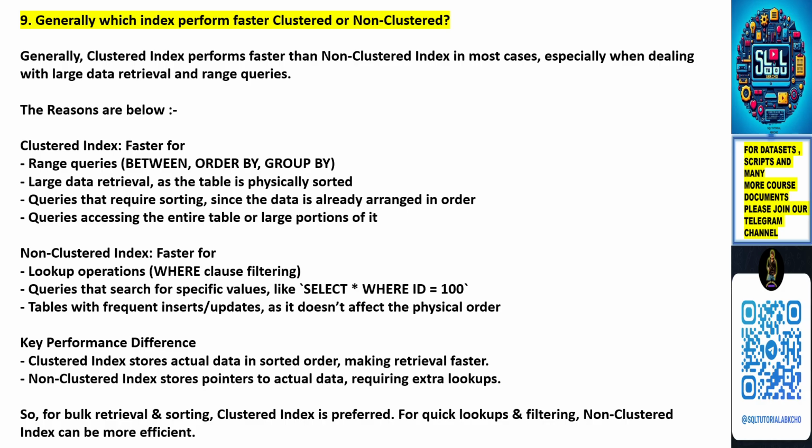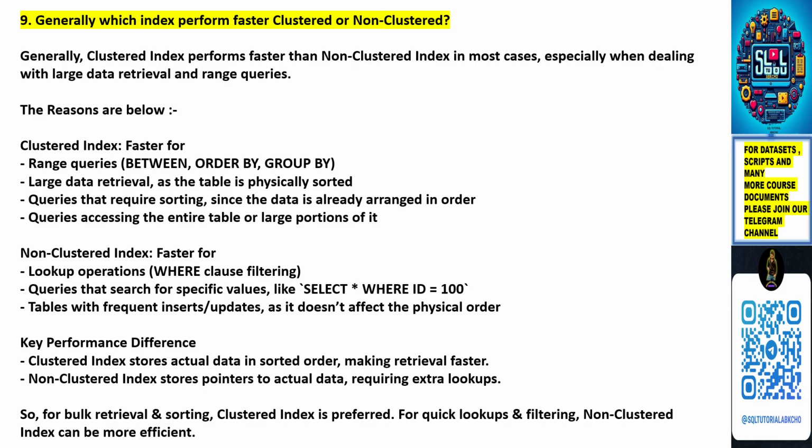The third point is tables with frequent inserts and updates, as it doesn't affect the physical order. A non-cluster index does not decide the physical order of the table because it is stored separately from the main table. That is why it is good for insert and update queries like DML commands, data manipulation language commands.